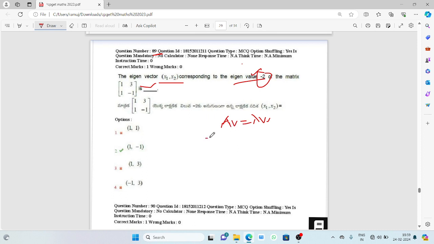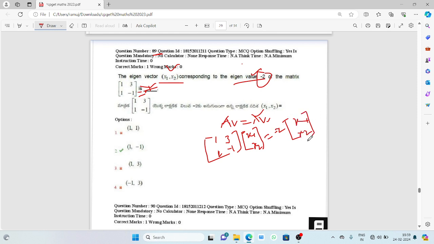So you just take the matrix. We know this is A, and that is 1, 3, and 1, minus 1. I can take x1 and x2 directly, because he is asking in the form of x1 and x2. The eigenvalue is minus 2, so I am writing minus 2 here, times x1, x2.